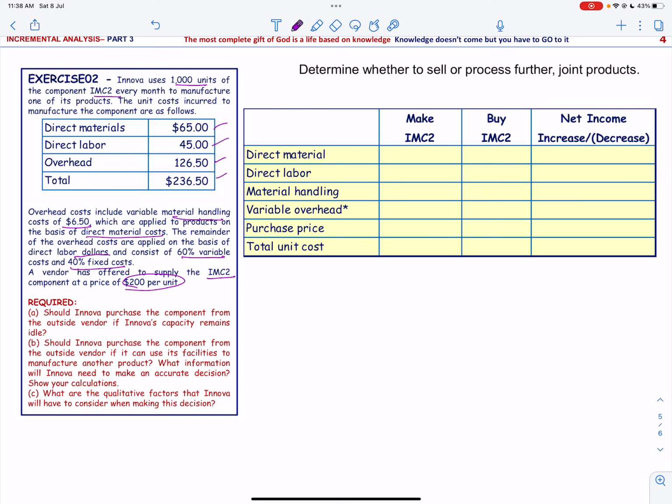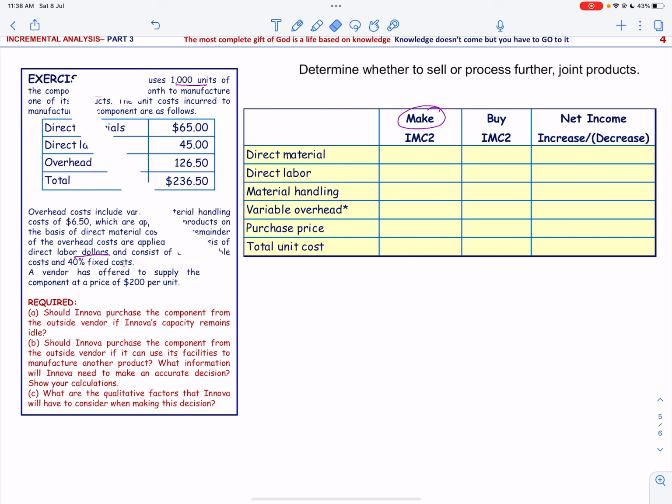So first of all, let us see the total cost if we are going to make the product. We have direct material, and that is 65. We have direct labor, that is 45. There is material handling of 6.5, and then the variable overhead we have to calculate.